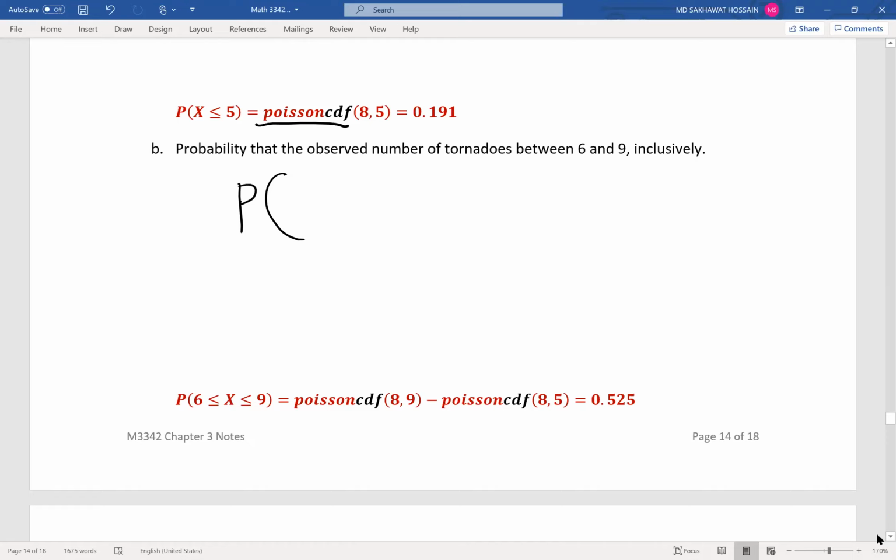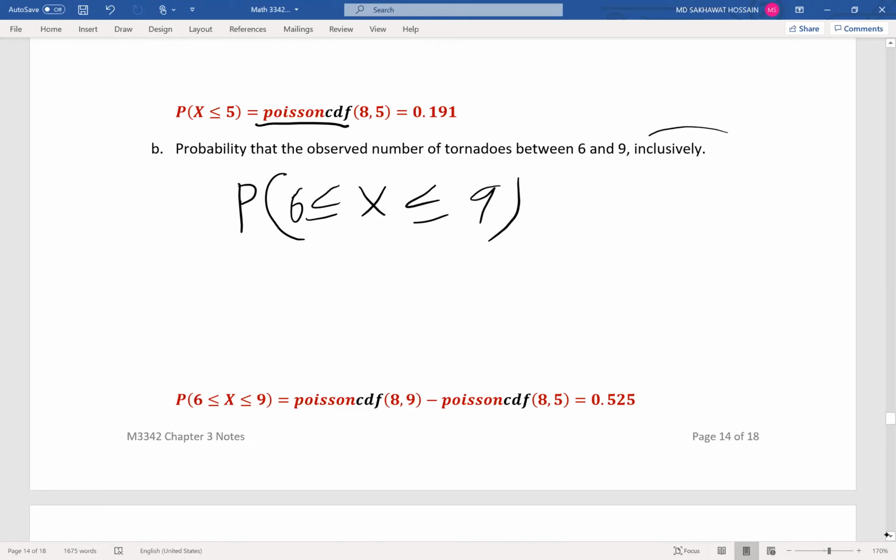So what does it mean by inclusively? Inclusive means x is greater than 6 and also equal to 6. So x is between 6 and 9, and x is also equal to 6, and x is also equal to 9.